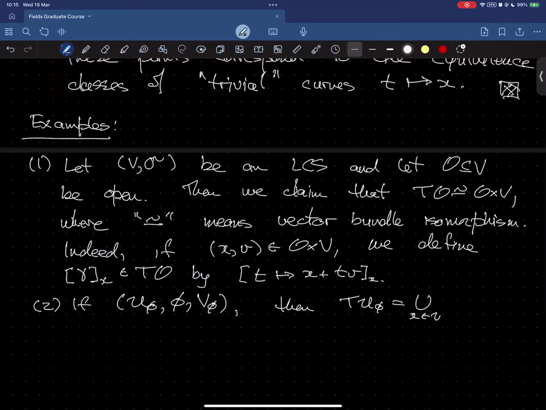Just remember the definition of this was the set of all tangent spaces.